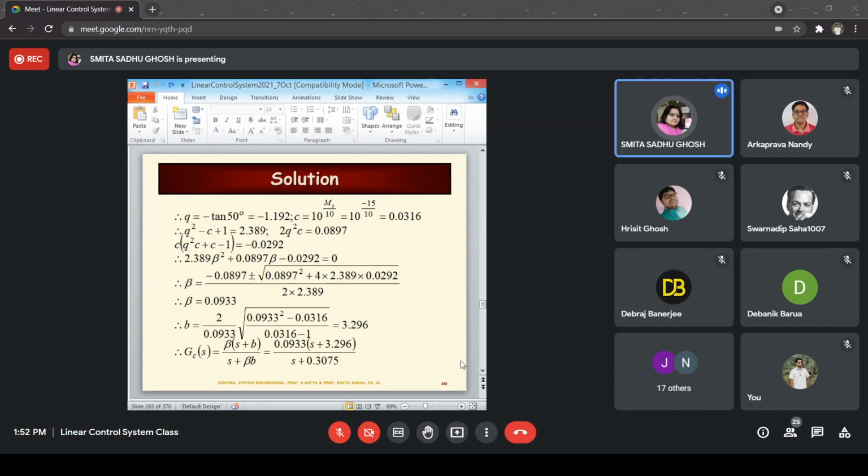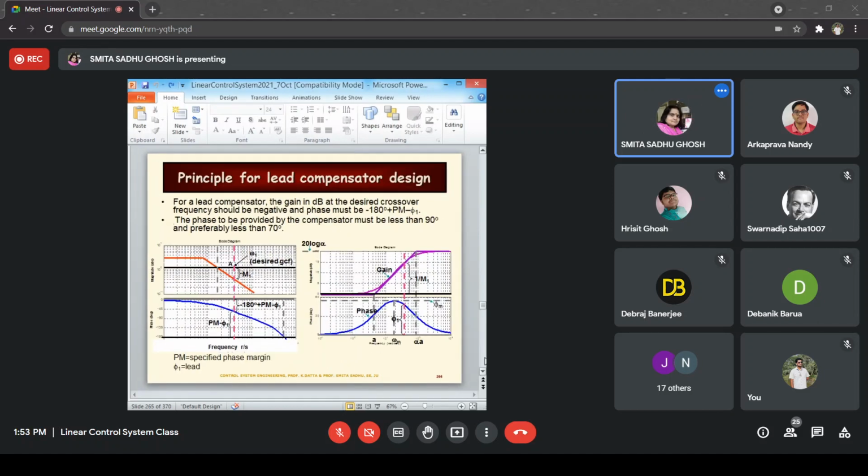Somebody tells you or you already decide on that, then you can mechanically calculate the value of B and beta and hence get the transfer function of the lag compensator. So now we actually come to the principle for lead compensator design.